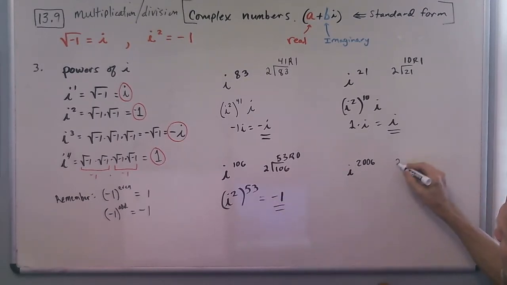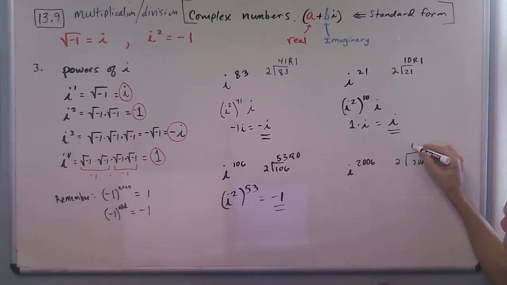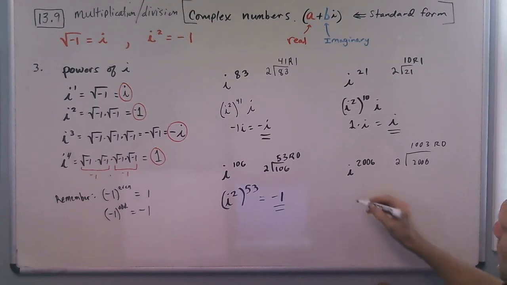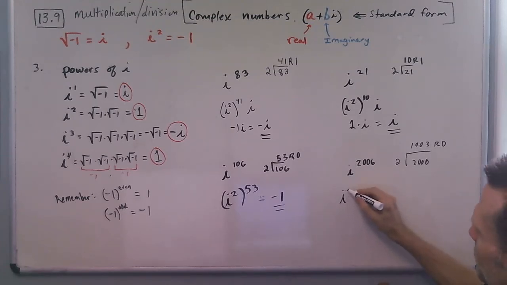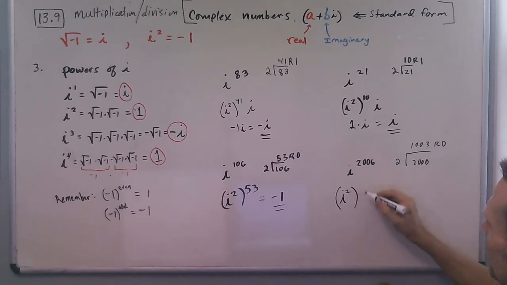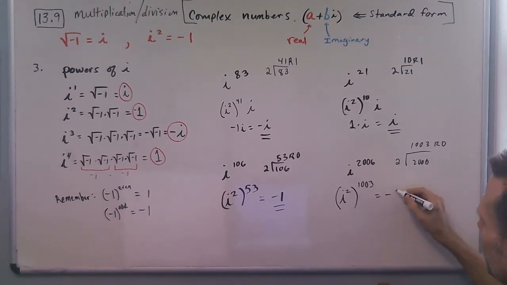And then here I'll divide 2 into 2006. That goes 1003 times with a remainder of 0. So I have i squared raised to the 1003. And that also is equal to -1.